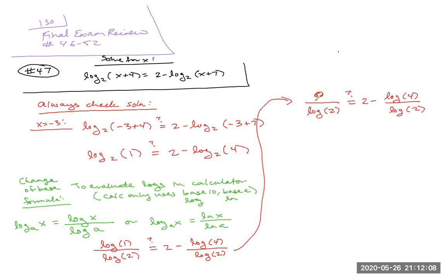So hopefully you're already seeing on this side, 0 divided by any number is 0. On this side, I'm going to go ahead and put in my log of 4 divided by log of 2. And when I do this part, it gives me 2.